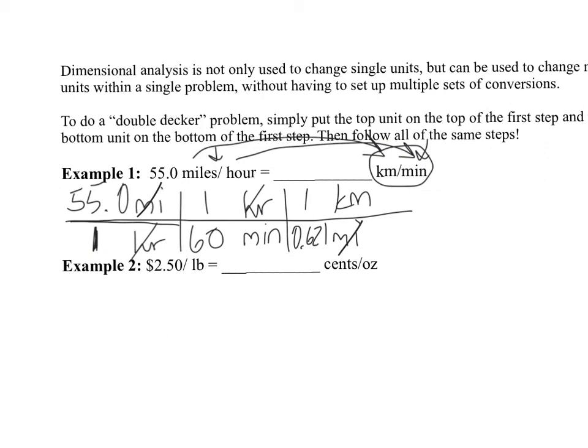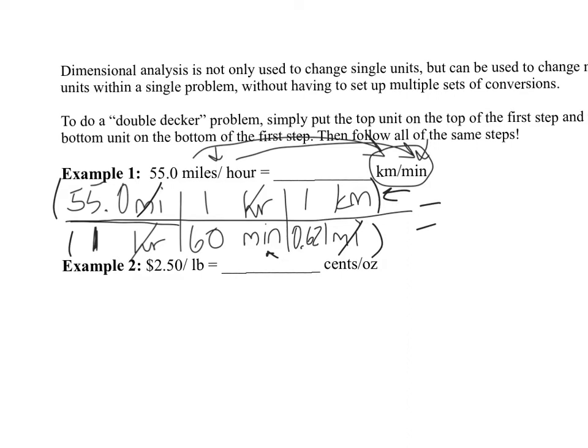And if I look at my units, I have kilometers on top, I have minutes on bottom, and conveniently, that's what I wanted to end my problem with, kilometers over minutes. I multiply everything on top together, I multiply everything on bottom together, then do top divided by bottom.